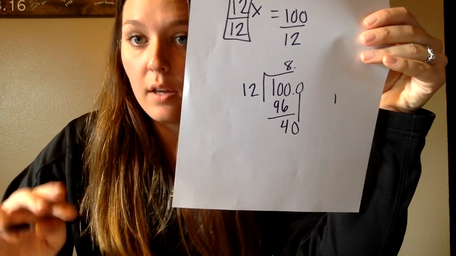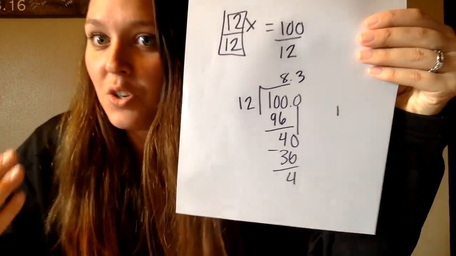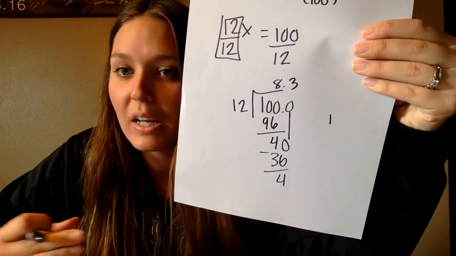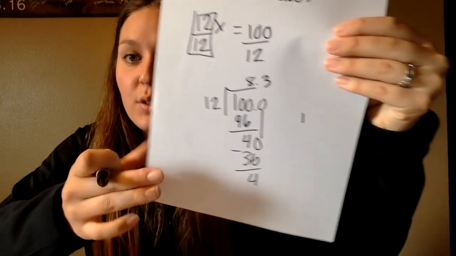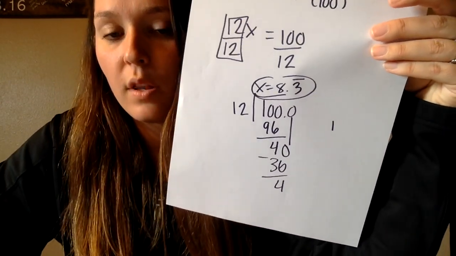That's 3, right? 3 times 12 is 36. Subtract that, and we have a 4 left over. Hey, I had 4 before, so I know it's just going to keep repeating. I'm never going to get rid of everything. So this is a repeating decimal, and x equals 8.3 repeating, which is 8 1/3.